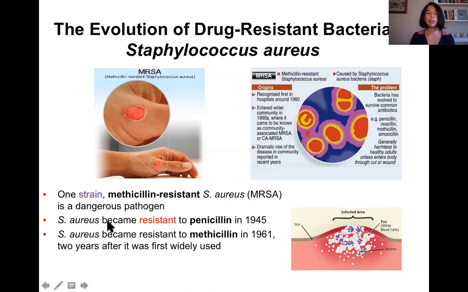Staphylococcus aureus, you can find it in your body. We have it commonly in our body. The problem is when we expose our flesh to this bacteria, and the bigger problem is when the strain has resistance to penicillin or methicillin. These Staphylococcus aureus became resistant to penicillin in 1945 and then to methicillin in 1961.